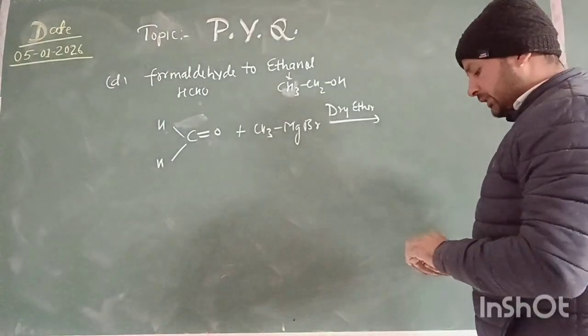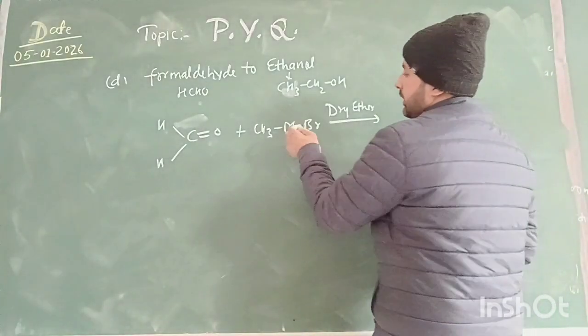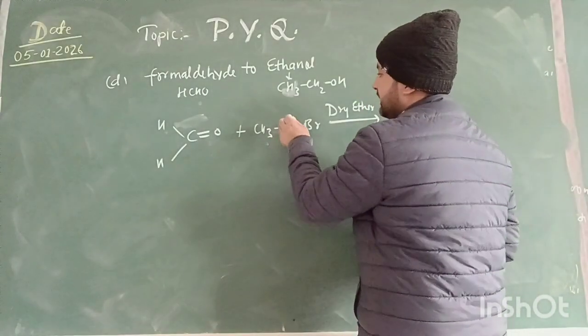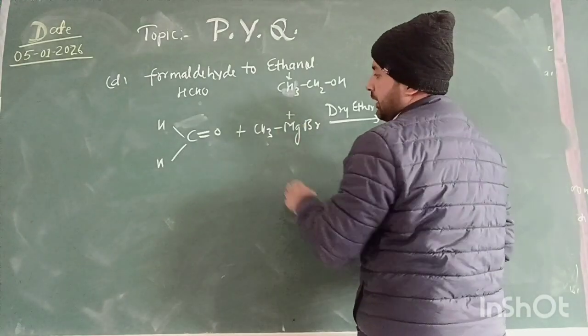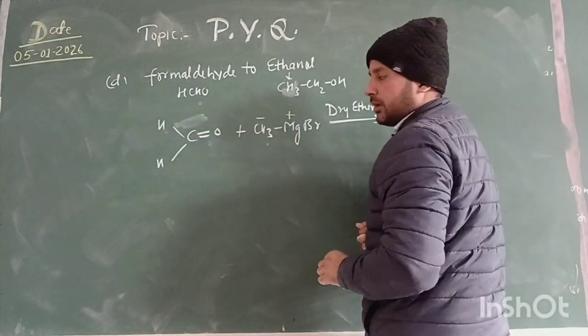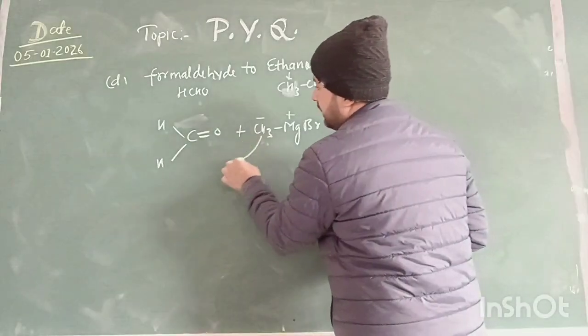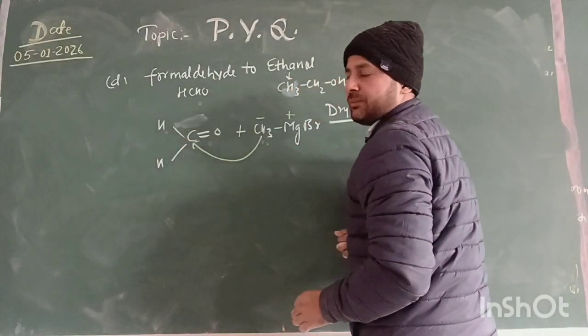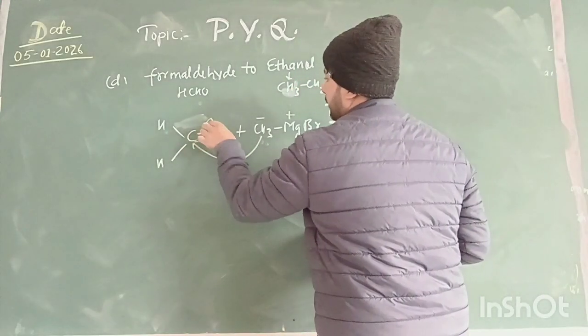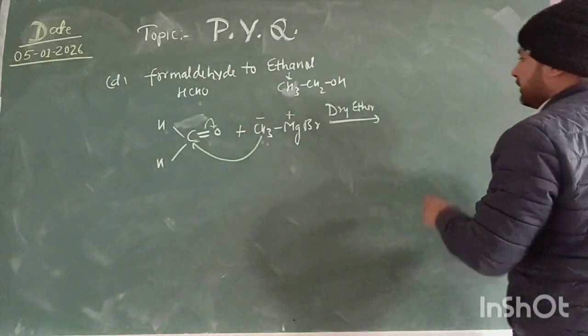Okay, so I think you all know, in this compound, this one is the positive part and this one is the negative part. So this will act as a nucleophile. When this nucleophile attacks the carbonyl carbon, the pi bond will break. Okay, so what will happen?